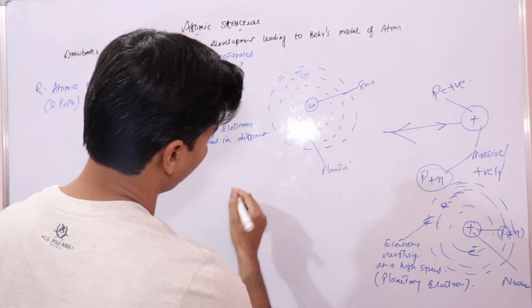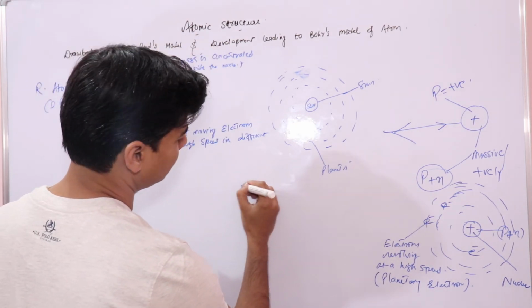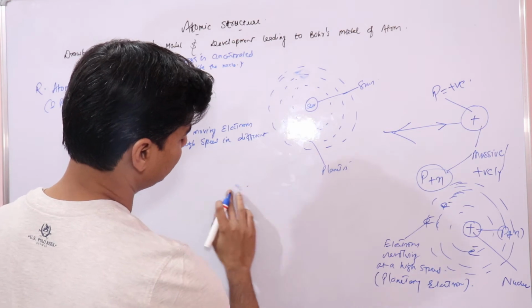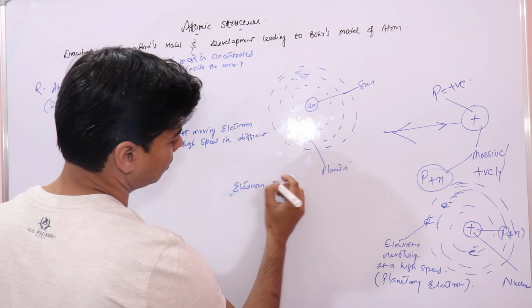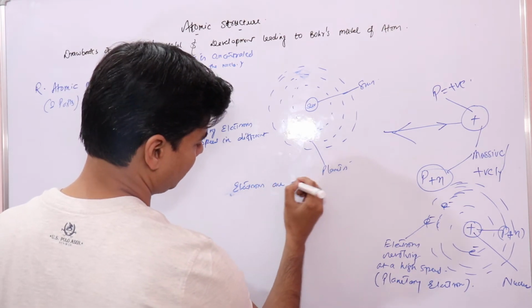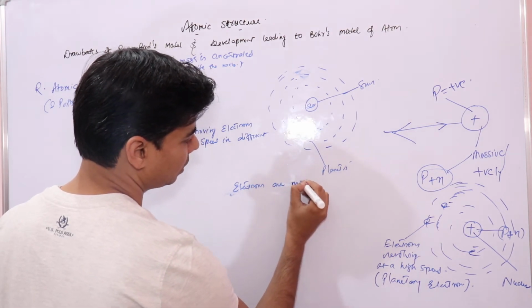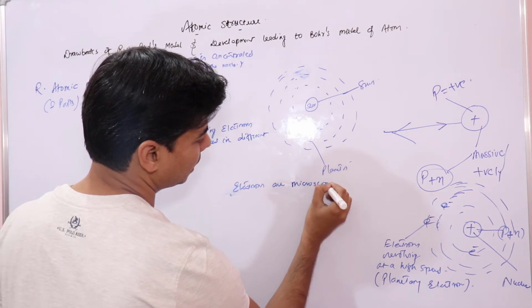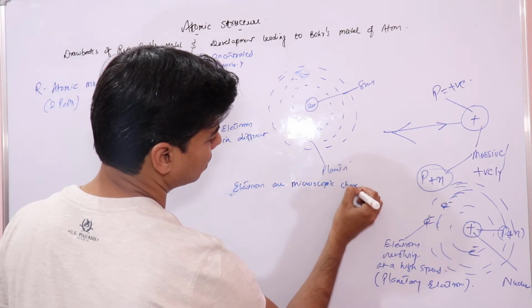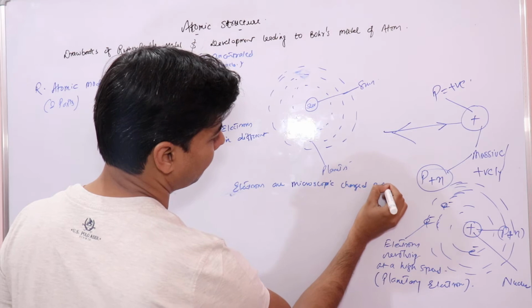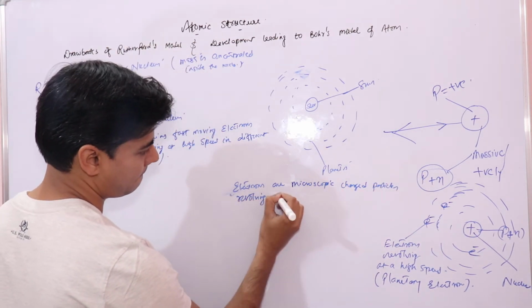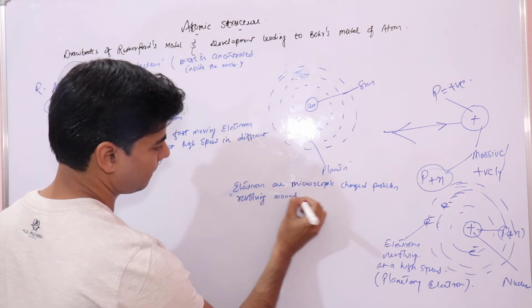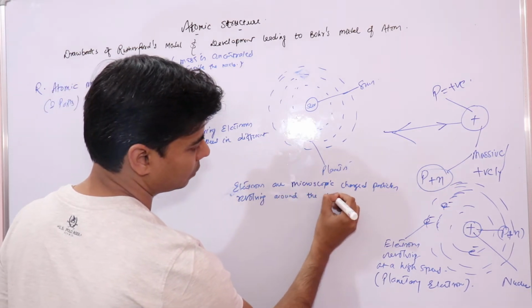So in the atomic model, the electrons are microscopic charged particles revolving around the nucleus, right?